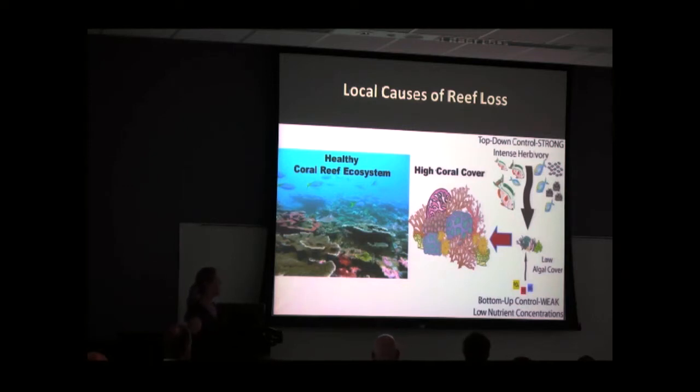So on a healthy reef, we have a lot of herbivores consuming algae. We have low nutrient concentrations, which keep the algal growth rates at low levels, and this allows corals to be competitively dominant in these cases.